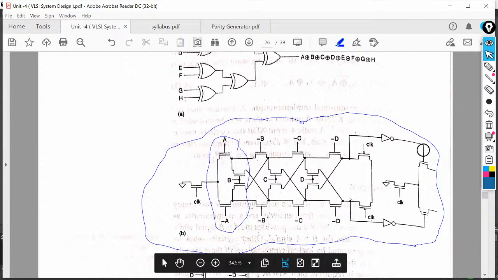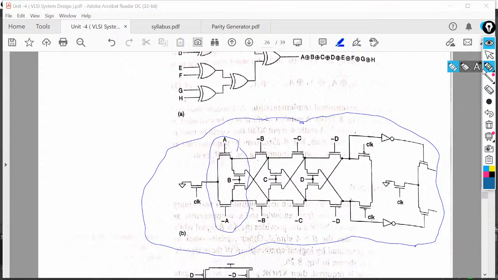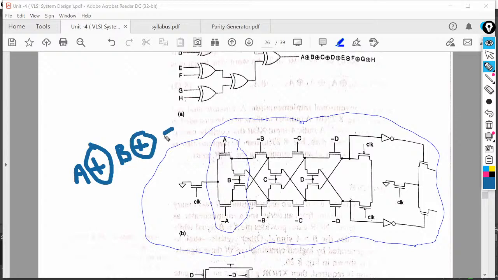So this overall expression is responsible for finding A XOR B XOR C XOR D. This dynamic representation is responsible for getting this 4 input XOR. I think this topic is clear to all of you.